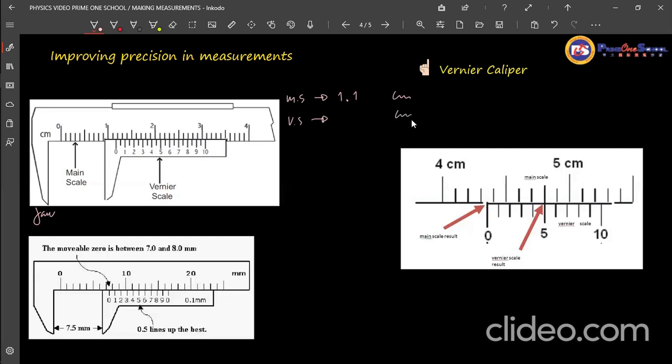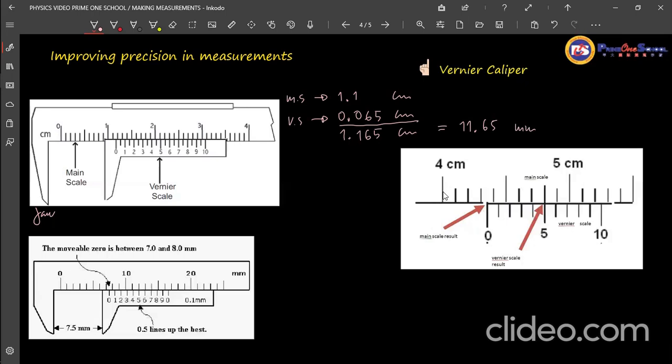The unit is the same, centimeter, and put the Vernier scale reading over here, 6, 5. So it becomes 0.065 and you add it, and then the scale is 1.165 centimeter, or in millimeter 11.65 millimeter.